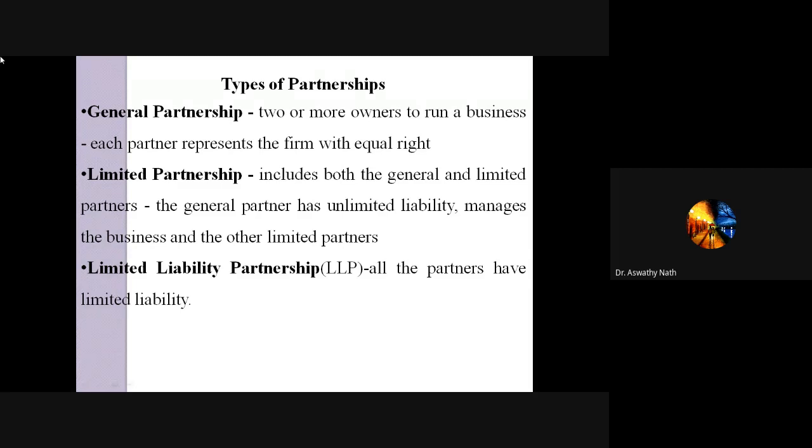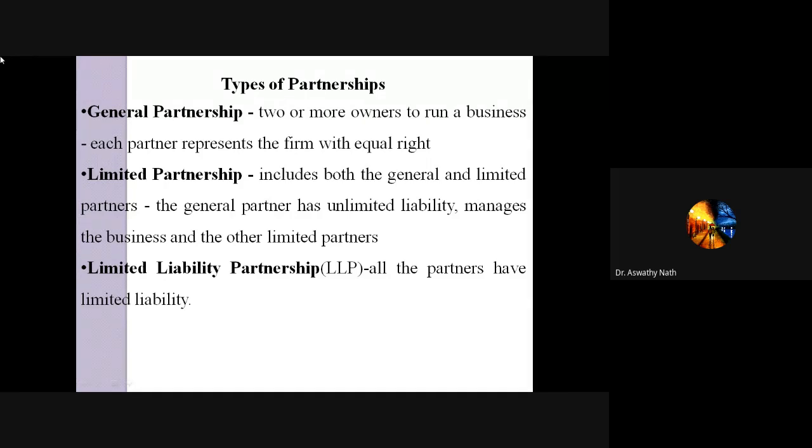So another type is limited liability partnership. Commonly we call it LLP. In LLPs, all the partners have limited liability, and each partner is guarded against other partners' legal and financial mistakes. An LLP is almost similar to a limited liability company, but it is different from a limited partnership or a general partnership.